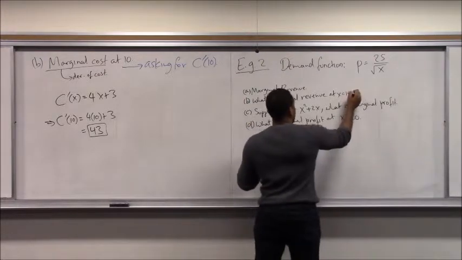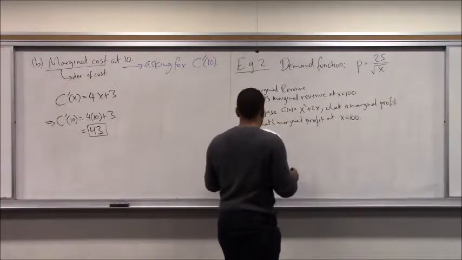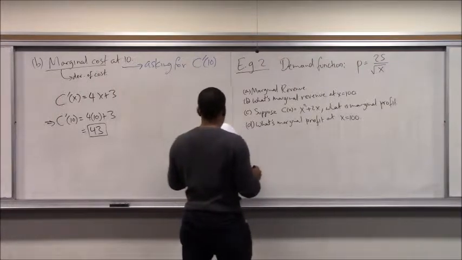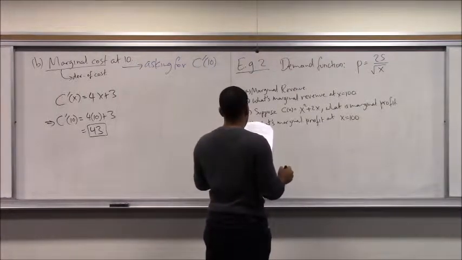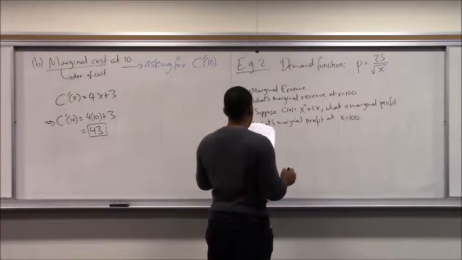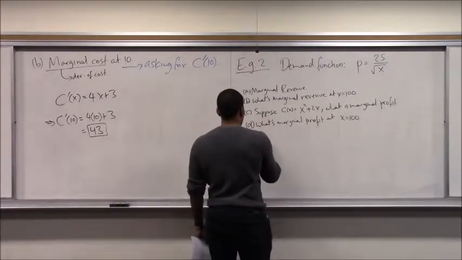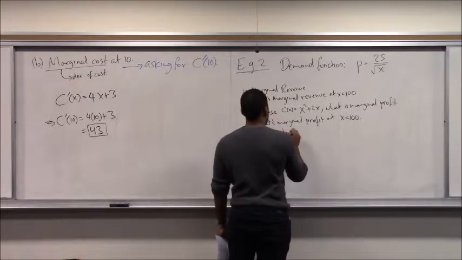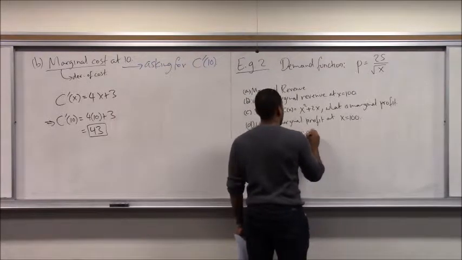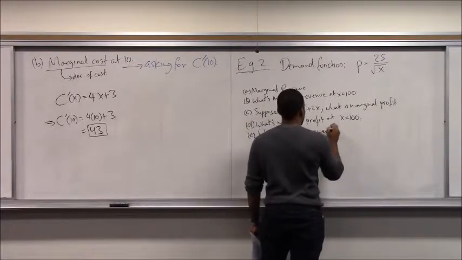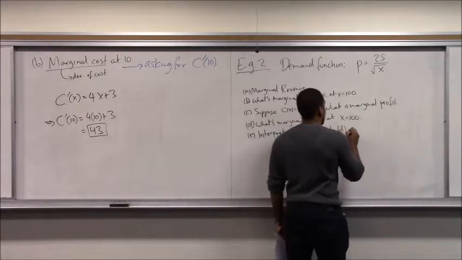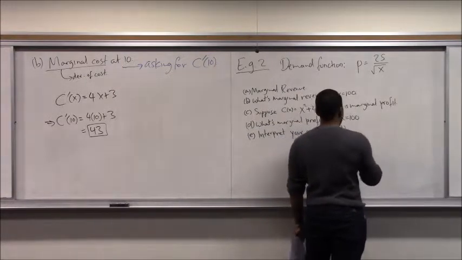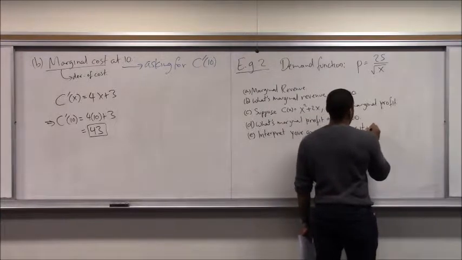I also wanted the marginal revenue. I want you to interpret your answer to D. And then answer the question, is it worth producing one more?